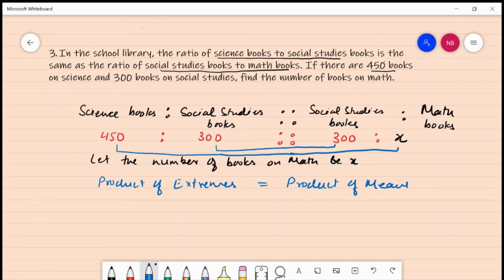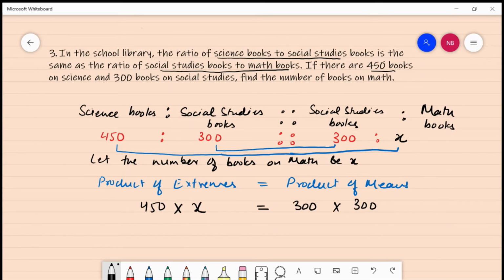You can also write the product of means is equal to the product of extremes. It's up to you, both are correct. So we will write the product of extremes, that is 450 multiplied by x, which equals 300 multiplied by 300.